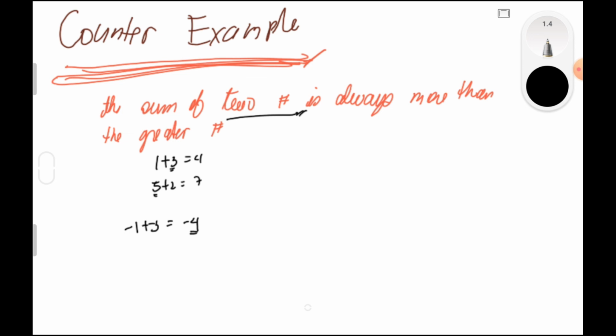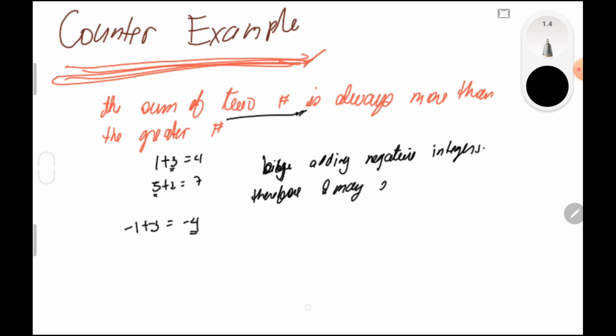So therefore, by adding negative integers, I may say that the conjecture is wrong.